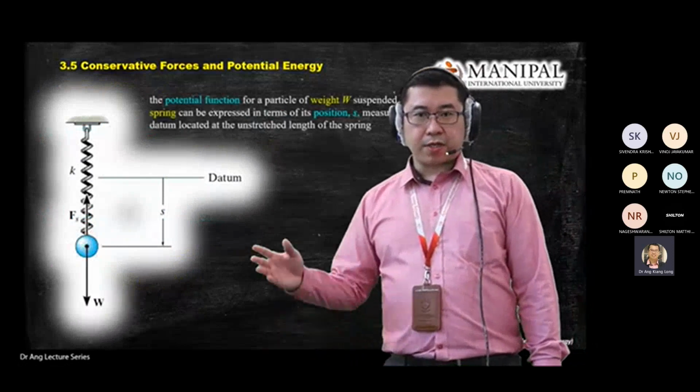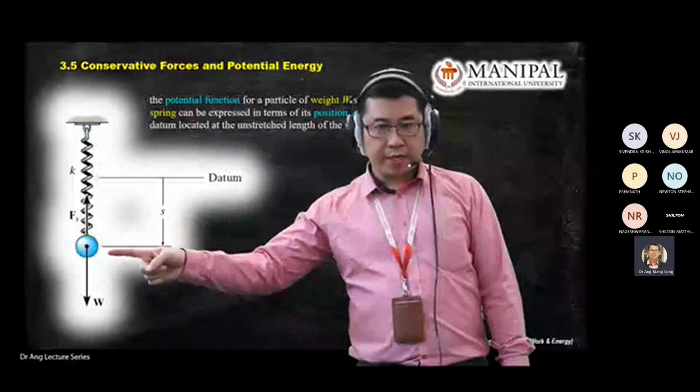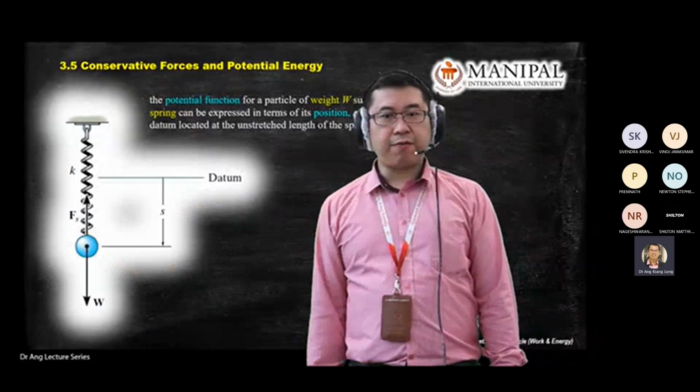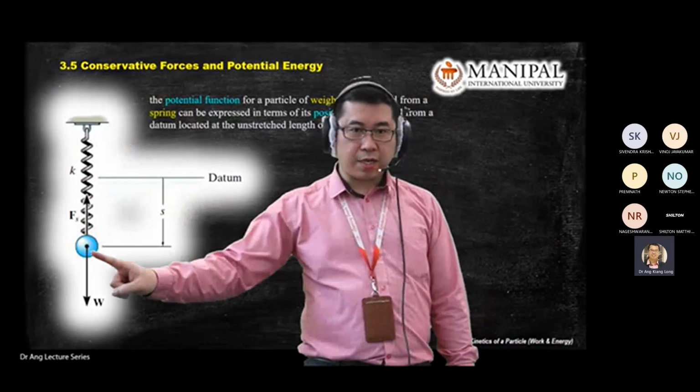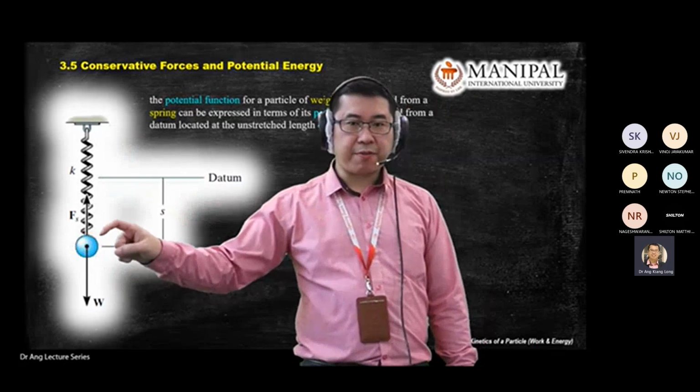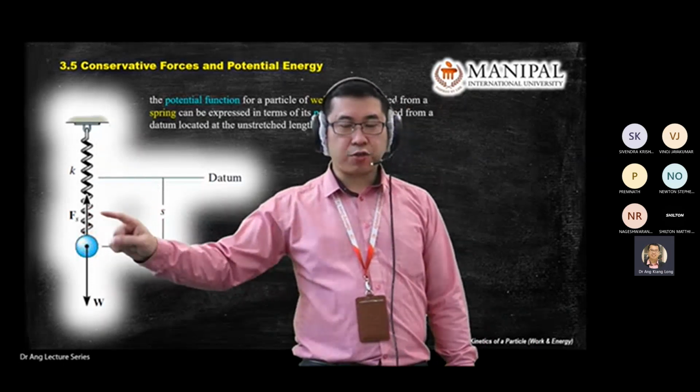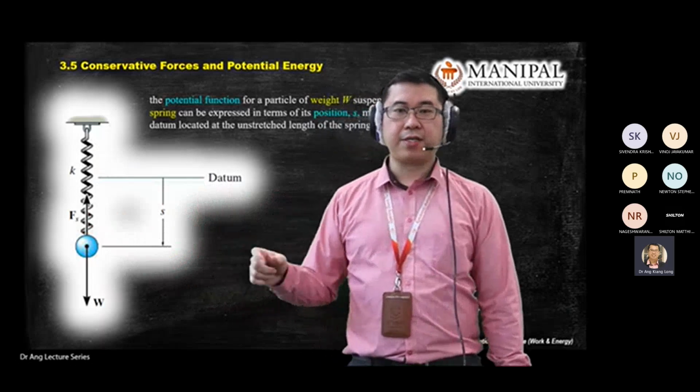Then this one is about the weight on the spring itself. I think you're familiar with this diagram: a spring attached to an object, and that object has a mass. Usually the mass of the spring is ignored in your analysis.